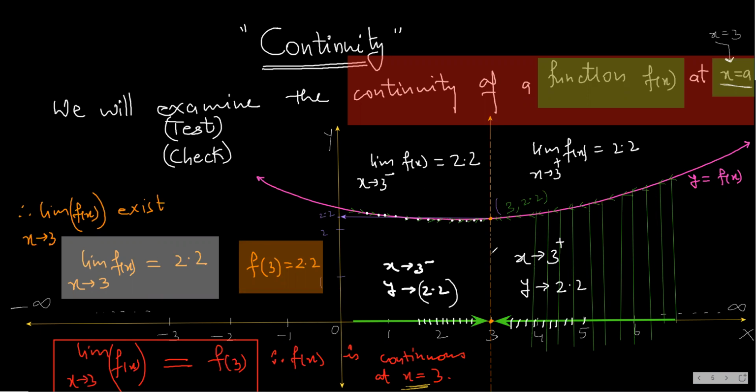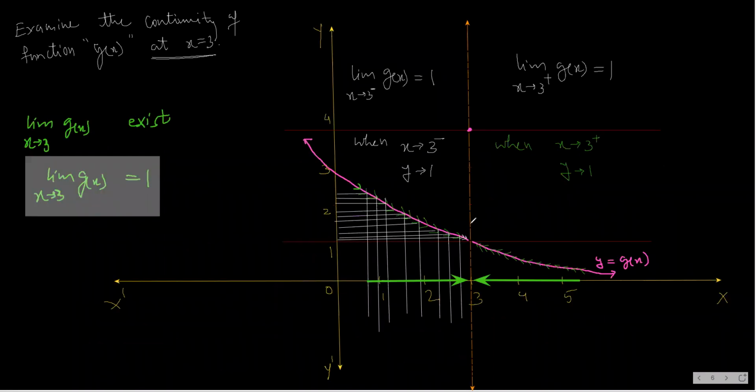The limit at 3 exists because from either side, the function is approaching the same number on the y-axis, and here also. But after this, there is a big difference in the two examples, this example and the earlier example.